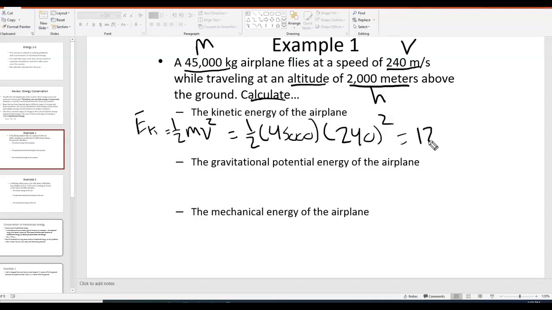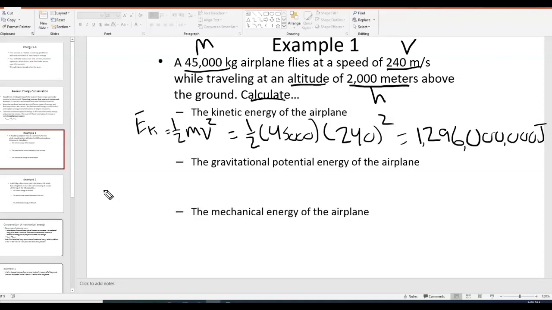The number I get is 1296 and then six zeros. So if I put my decimals in here, this is basically 1.3 billion joules of energy. That might seem like a lot, but we're talking about an airplane that's really big, moving really fast.